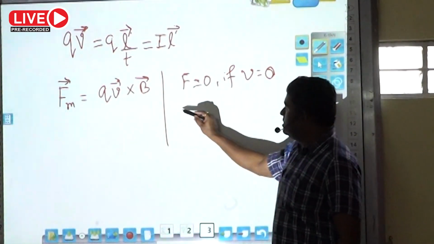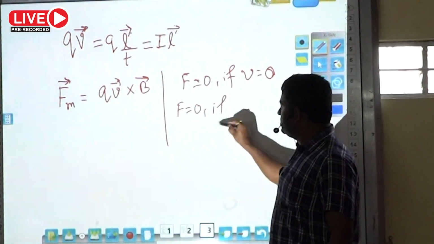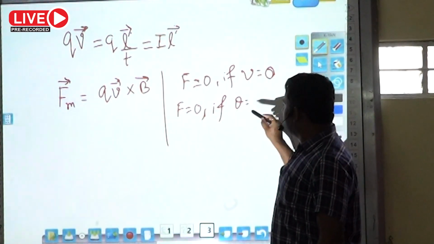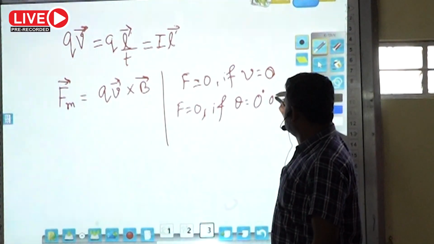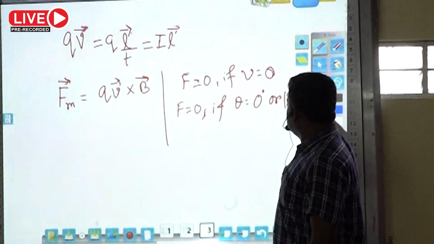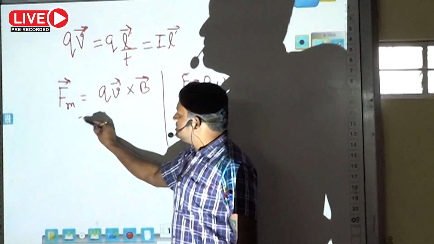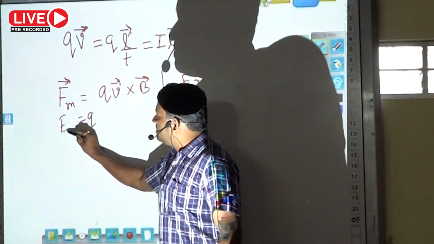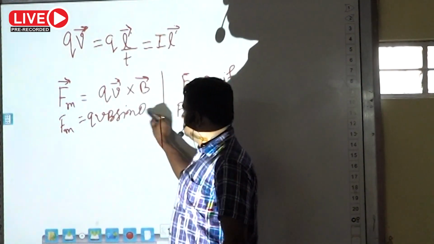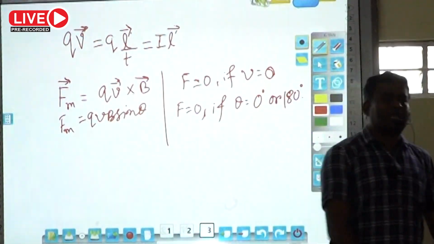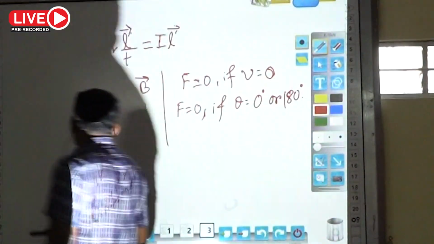Another, F equal to 0 if theta equal to 0 degree or 180 degree, because q v cross B means its magnitude will become q v B sin theta, where theta is the angle between the velocity vector and the magnetic field vector.